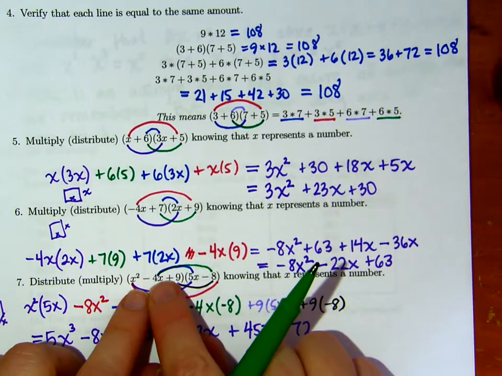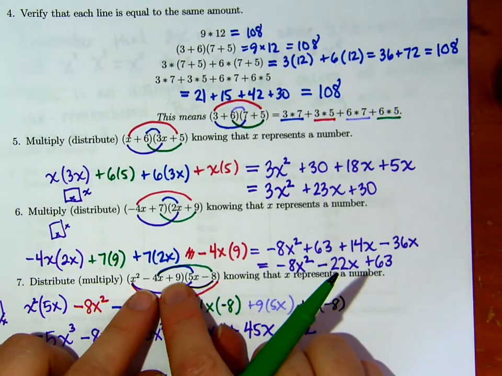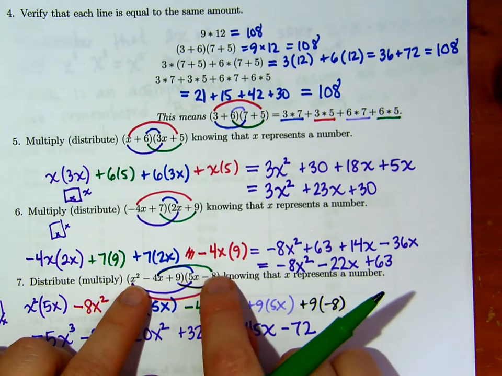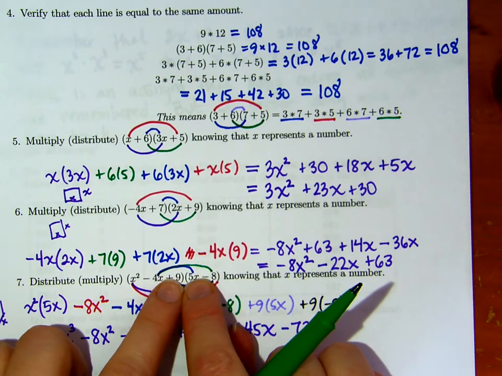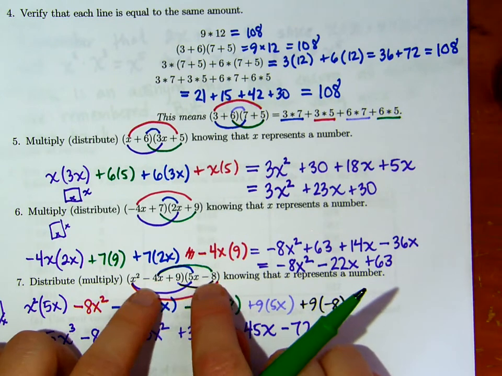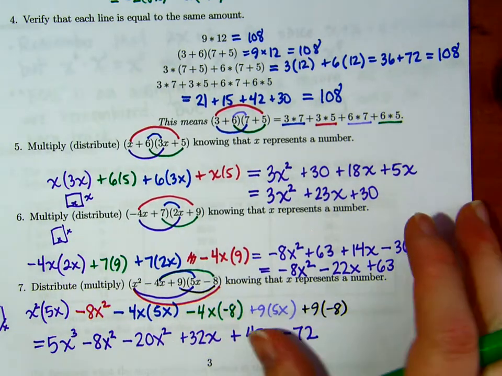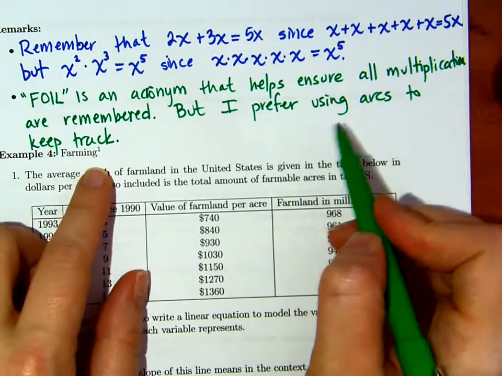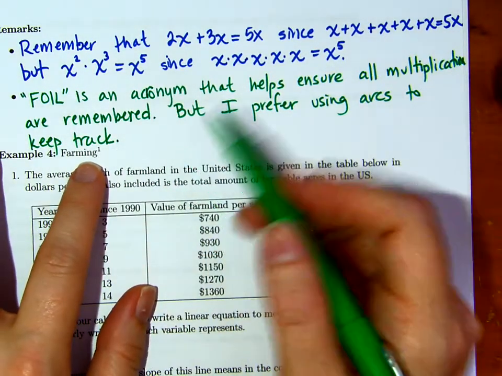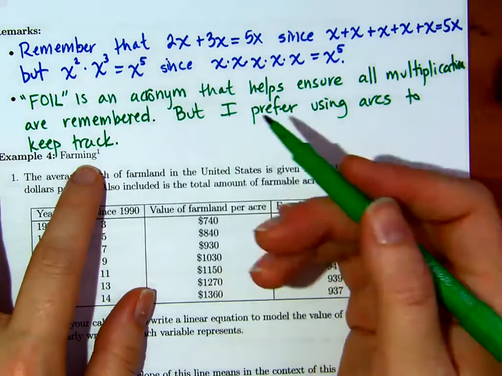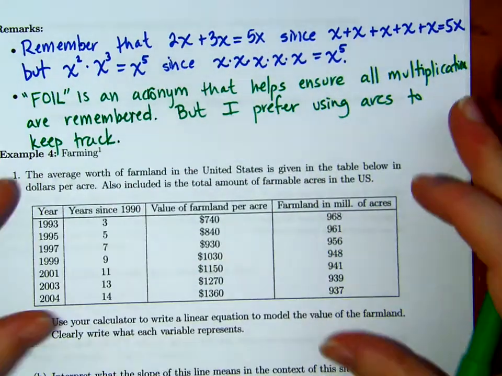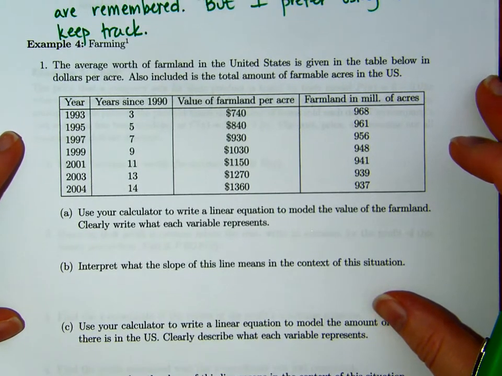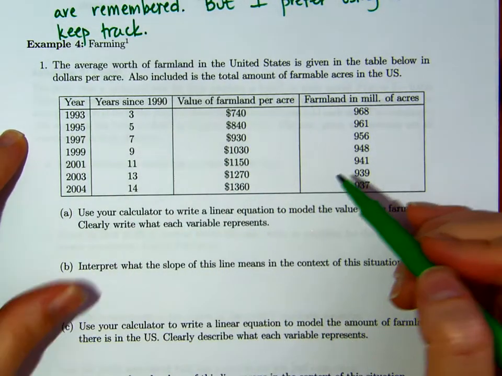However, that doesn't really apply if there are any more or less terms. I mean, the firsts, the outers, the inners, and the lasts would leave out several of the multiplications we needed in number 7. So I really do prefer the arcs to keep track to make sure nothing gets left out, but nonetheless, this is very popular. Okay, in the next video, we will look at this real data example.